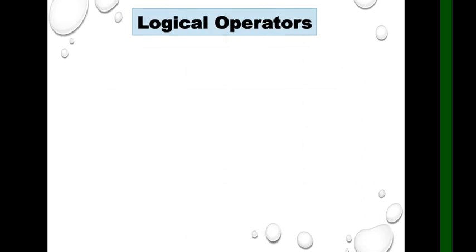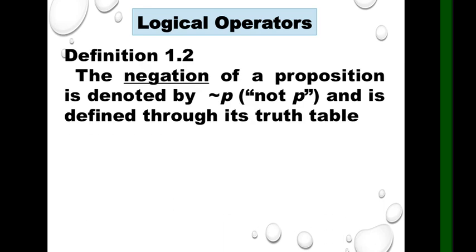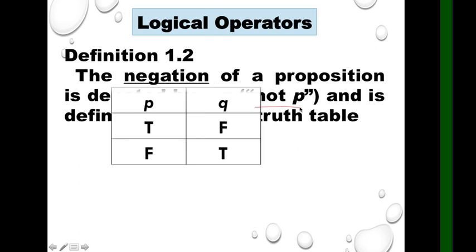Now, let's have the logical operators. The one that I mentioned in the beginning of this video is negation. So what is negation? The negation of a proposition P is denoted by not P. This is the first compound proposition that I discussed in our previous video. It's defined through its truth table.